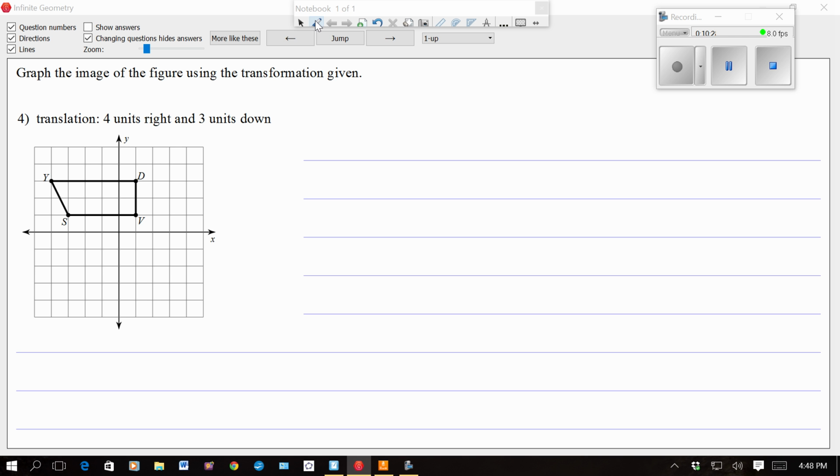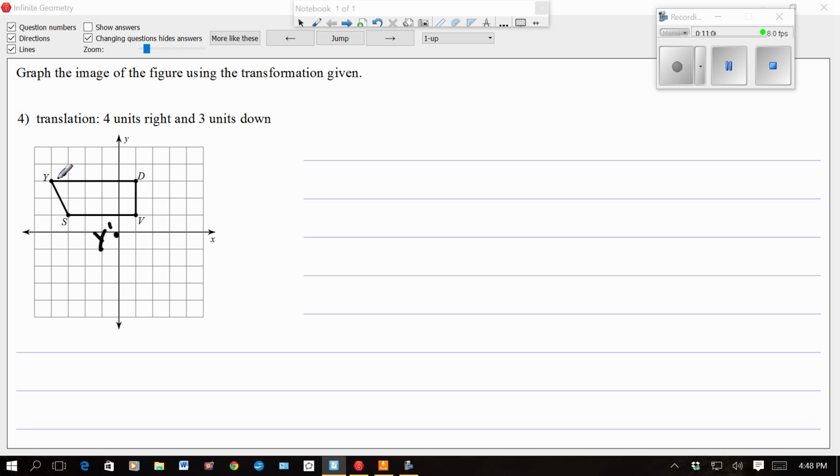Alright, you paused it, hopefully, and now you're back to see what the answer is. I'm going to follow the directions. It says move this quadrilateral 4 units to the right and 3 units down. So I'm going in the positive direction when I go right, and in the negative direction when I go down. I'm going to move it 1, 2, 3, 4 to the right, and 1, 2, 3 down. There's Y prime.